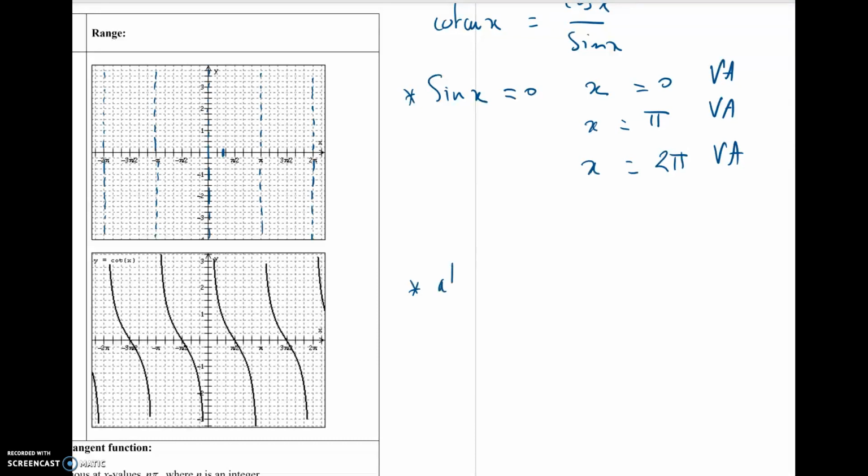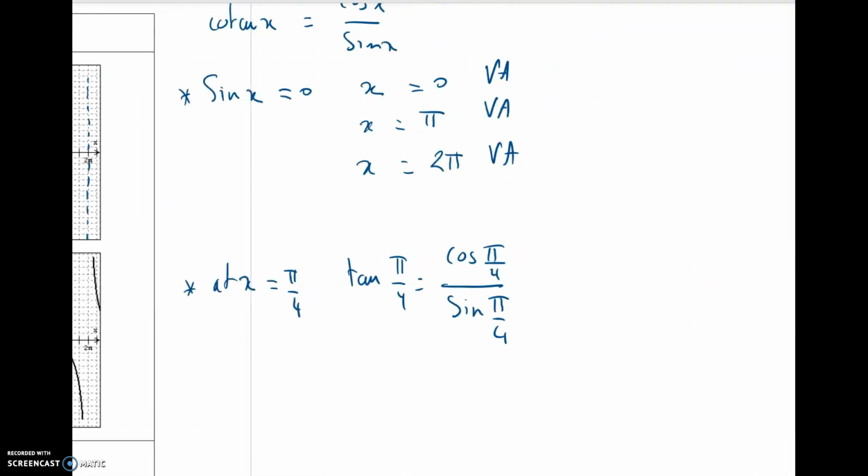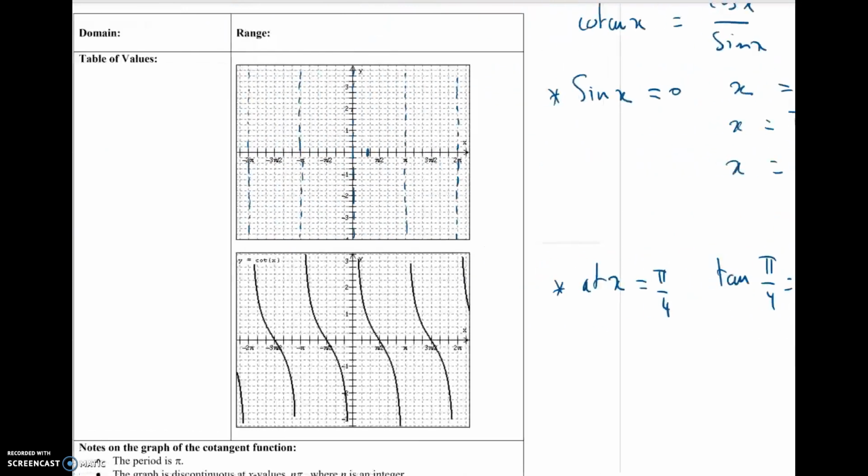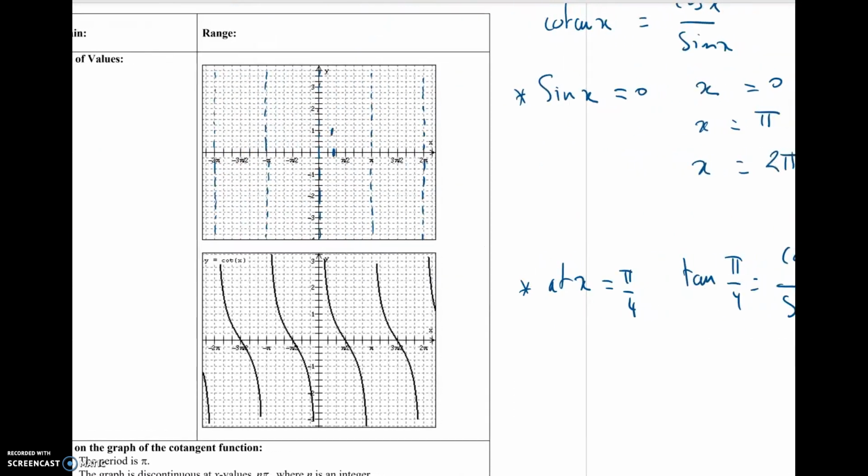Well, at x equal pi over 4, because x is the angle, basically I'm looking for tangent of pi over 4, which is cosinus pi over 4 divided by sinus pi over 4. Based on the trigonometric circle, I know that it is equal to square root of 2 divided by 2 over square root of 2 divided by 2. And at x equal pi over 4, I know that I'm supposed to be equal to 1.